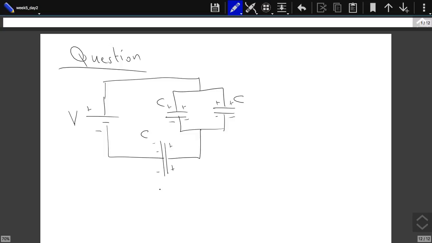Everything is the same, C, C, C. Now I'm asking, what is the charge in this capacitor? That's the question.